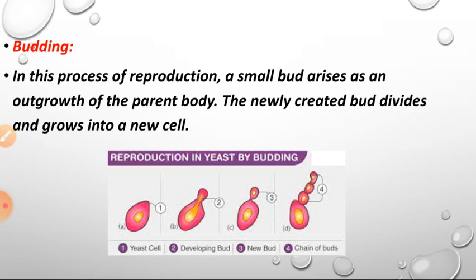In the budding process, from the parent cell a new bud arises, and then the new bud develops, and after that this new bud is released and will produce a new plant. This is known as the budding process.